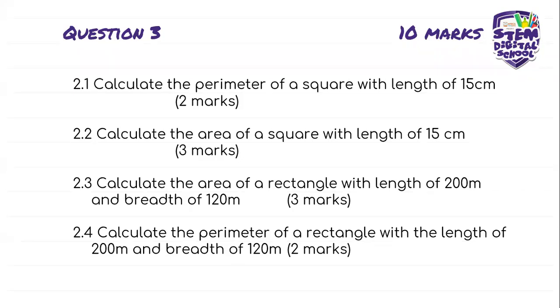Right, and then the next one. The next one, of course, you need to calculate the area. Remember the formula to calculate the area of a square. How are you going to calculate the area of a square?